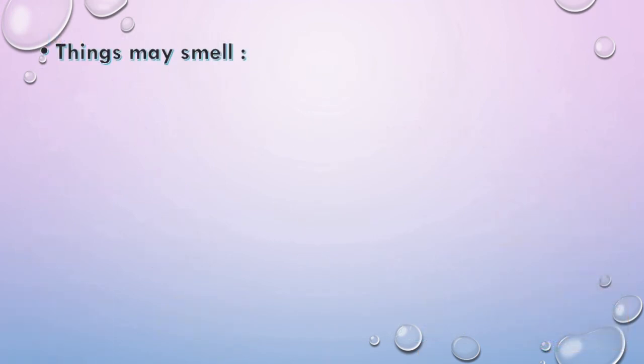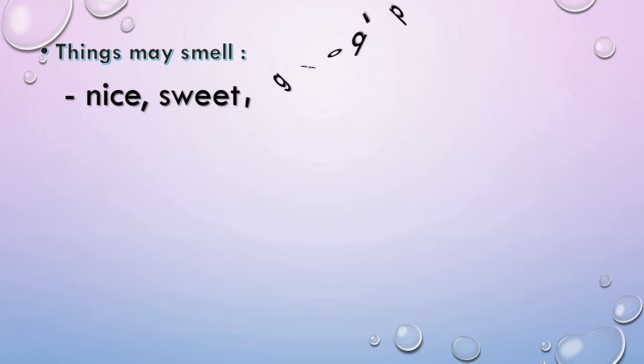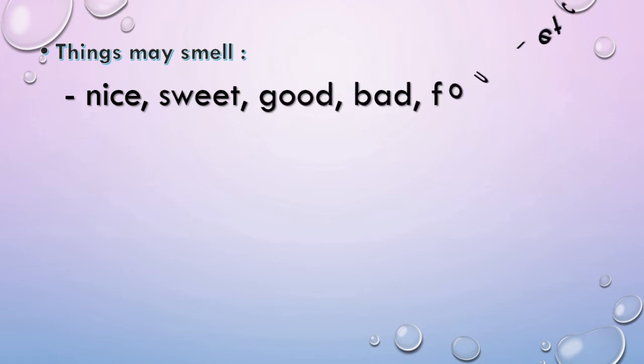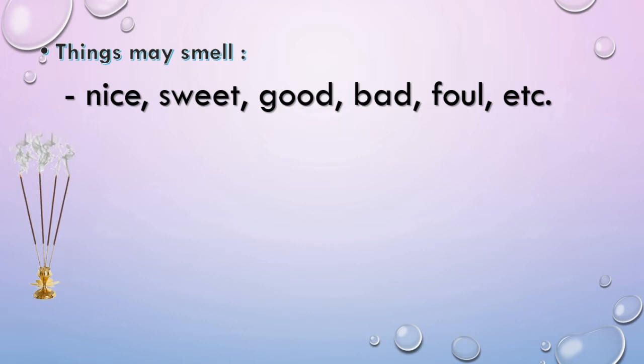Things may smell. Now the function of the nose. How do they smell? Yes, nice, sweet smell, good, bad smell, foul smell, etc. Correct? You can see here burning incense sticks. Nice. Like this we do, right? And the jasmine, sweet, pleasant smell.